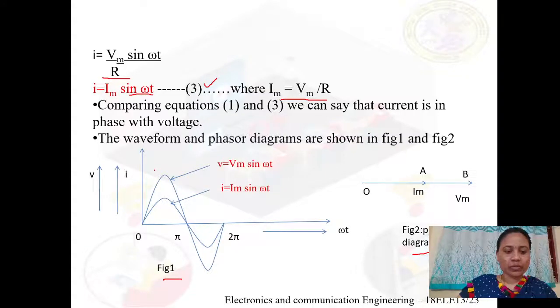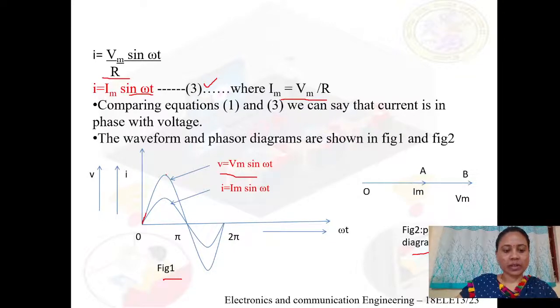Now we have to show the voltage and current as in phase in the waveform. Here we have represented the voltage sinusoidally, and also the current. They both start at the same point and rise in the same direction.